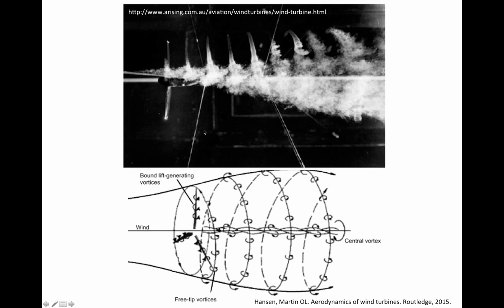The strong tip vortices are located at the edge of the rotor wake, and the root vortices mainly lie on a linear path along the axis of the rotor. Again, these vortices have been observed in wind tunnels, and it's also sketched in this particular graph here.